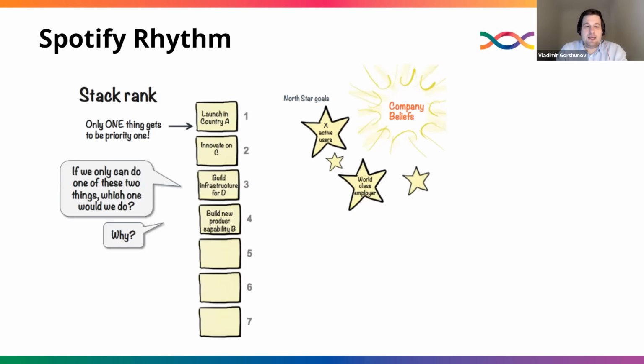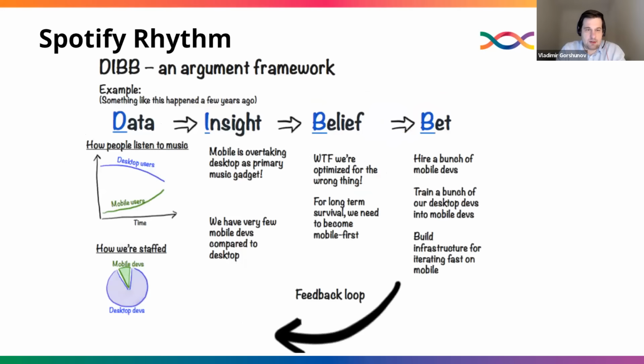And after that, you have stack-ranked bets, big bets that you are trying to make that will help you to achieve North Stars. And that's interesting because, in order to set OKRs, you need some high-level stuff like vision and mission, and sometimes North Star goals are a great mechanic to help build alignment inside your organization.